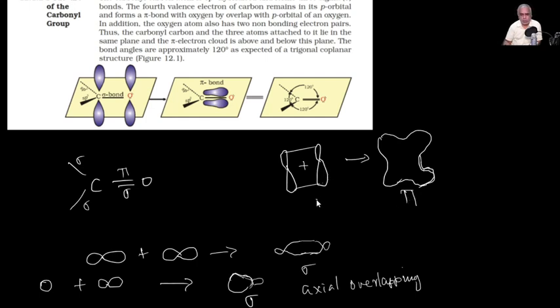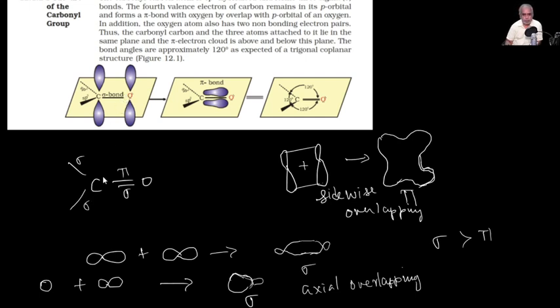This is due to sidewise overlapping. This sidewise overlapping leads to pi bond. Of course, sigma bond is stronger than pi bond. In fact, pi bond is weaker. When it is rotated, it has the tendency to break. And that is why it's very sensitive and it can easily react.